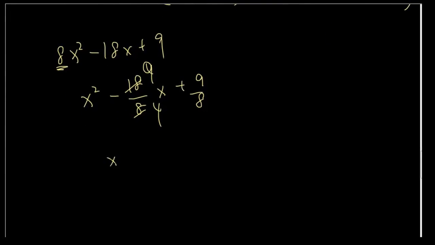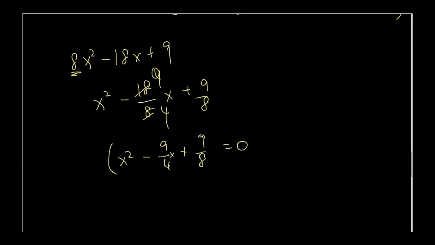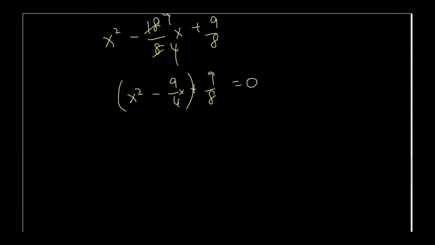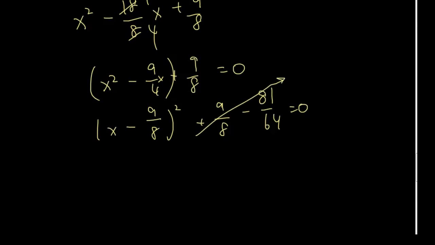So therefore x squared minus 9 over 4 plus 9 over 8 equals 0. Completing the square for this term, that'll be x minus 9 over 8 squared plus 9 over 8 minus 81 over 64 equals 0. And this turns out to be negative 9 over 64.